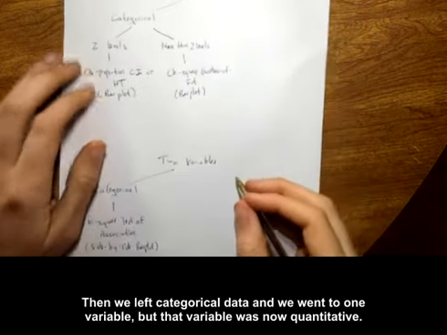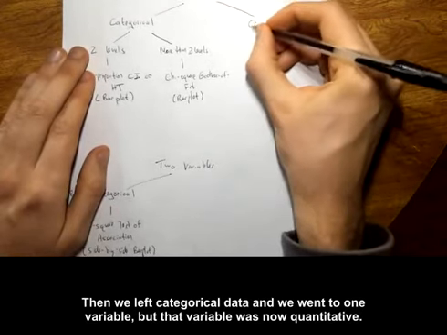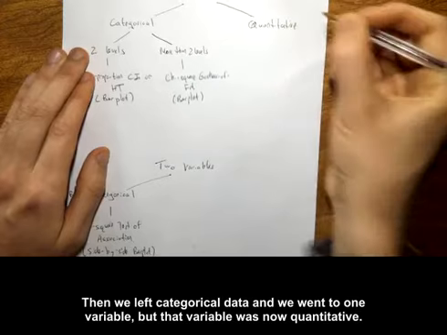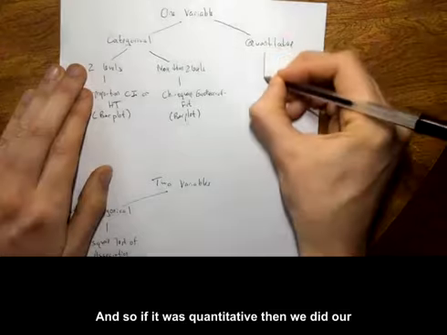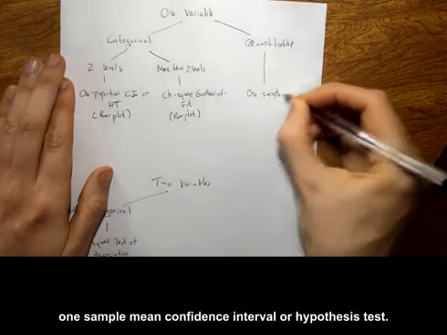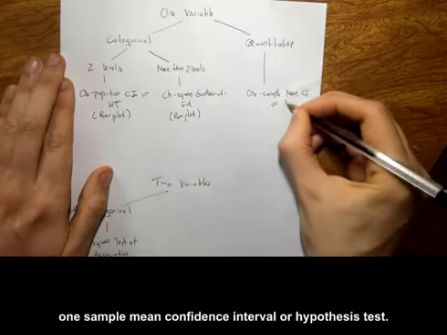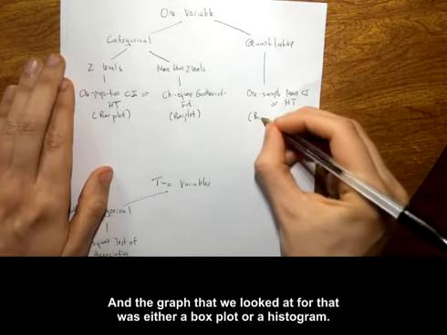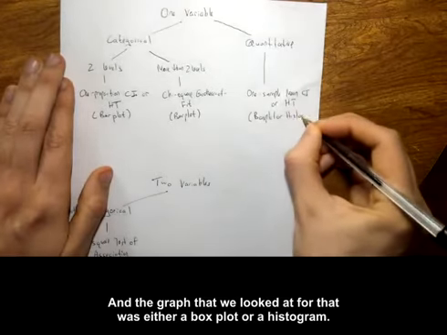Then we left categorical data, and we went to one variable, but that variable was now quantitative. If it was quantitative, then we did our one sample mean confidence interval or hypothesis test. The graph that we looked at for that was either a box plot or a histogram.